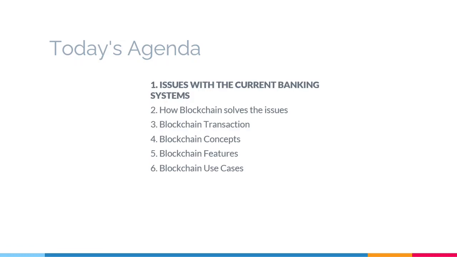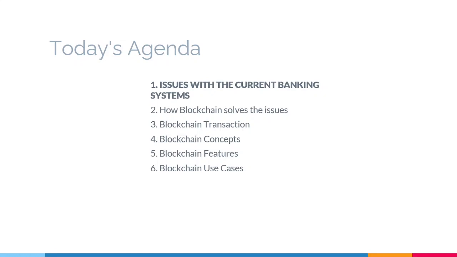Blockchain is being used highly for transaction management, and it is replacing the current existing transaction management systems. If technology is replacing the existing system, there must be certain problem, and that's exactly what we will be discussing at the first. Once we have understood this, let's discuss how blockchain can solve the issues as well as how Bitcoin transaction takes place.